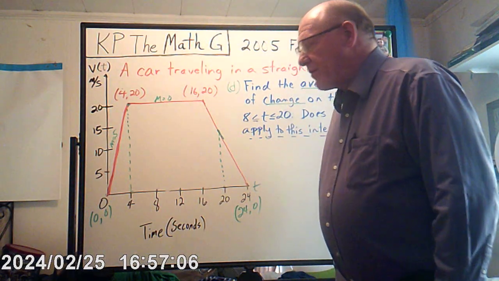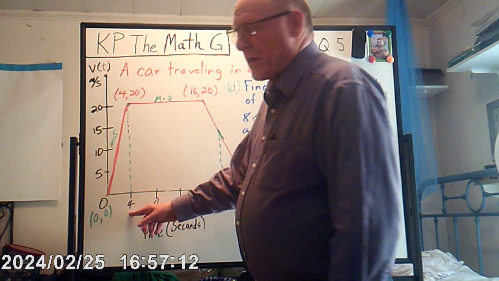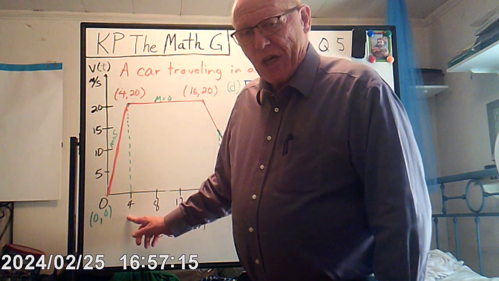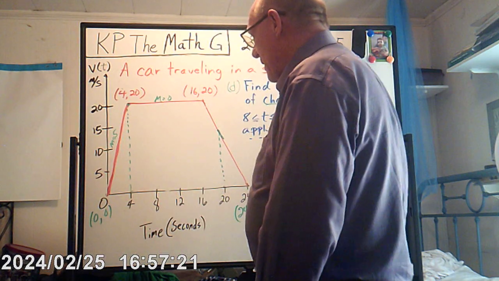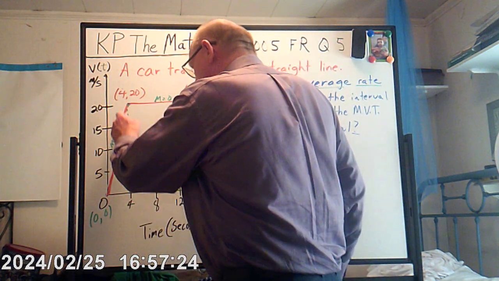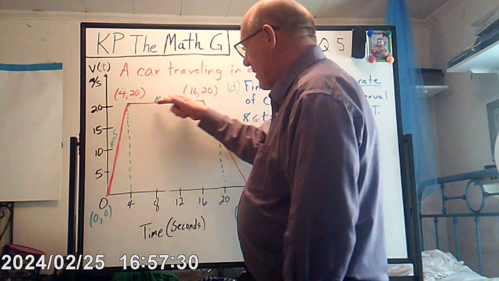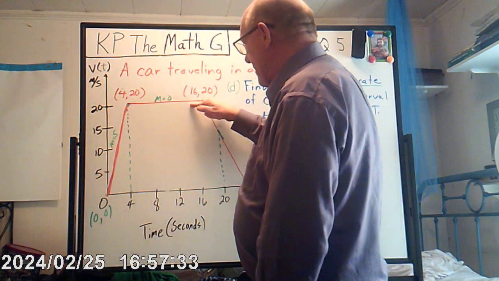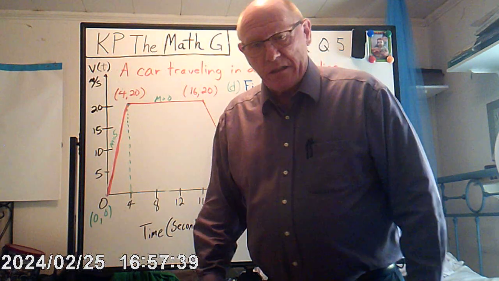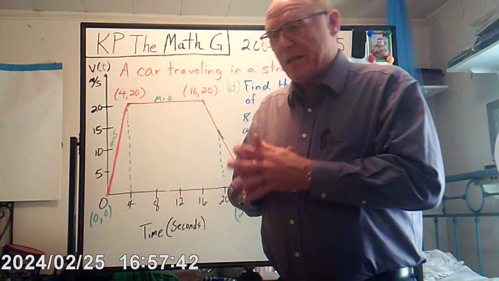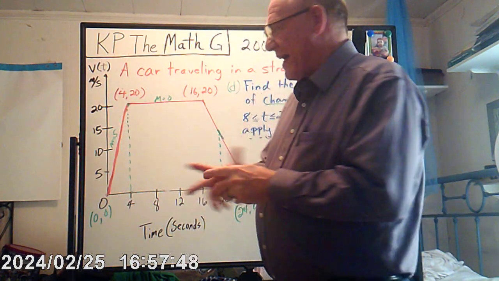In one of our previous problems, we had to deal with v prime at 4. That means the slope of the tangent line here at t equals 4. We found on the left side of 4 that the slope was 5. We found approaching from the right that the slope is 0, and because these slopes are different, this is not differentiable at t equals 4.